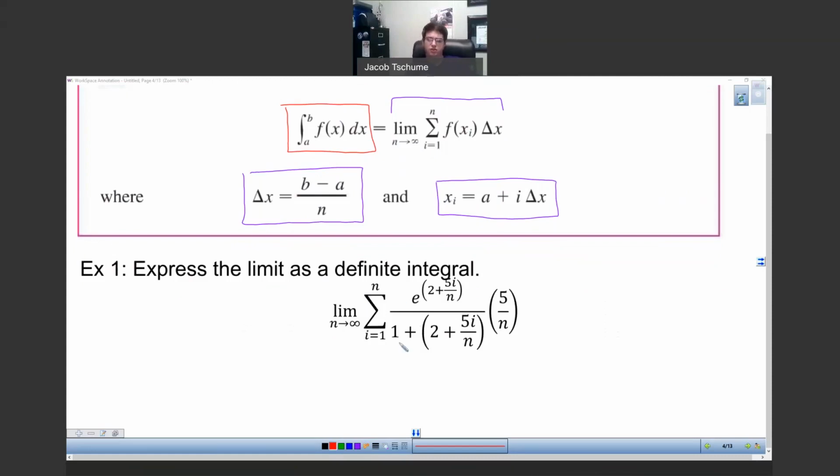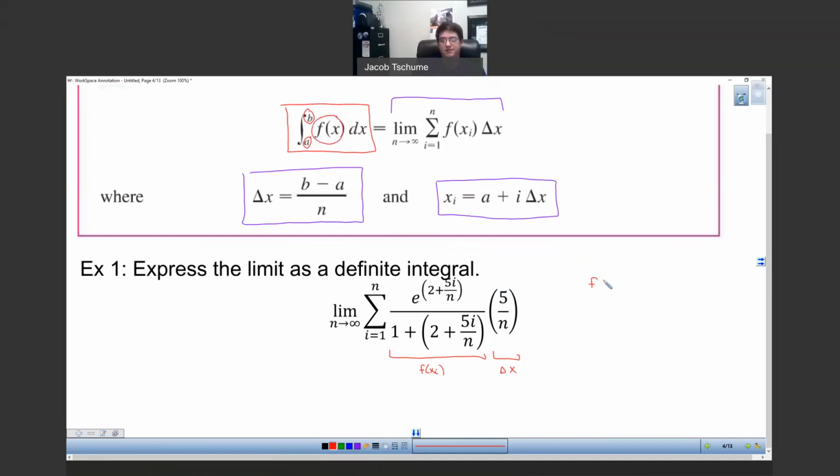We saw a conversion like this in the last video, and if you remember, this whole thing right here is your f of x sub i, and this part here on the end is your delta x. From these two bits of information, you're going to need to figure out what is your a, what is your b, and what is your f of x function.